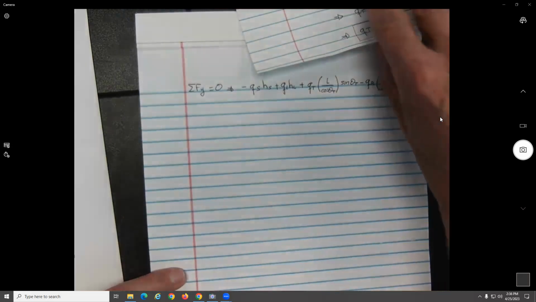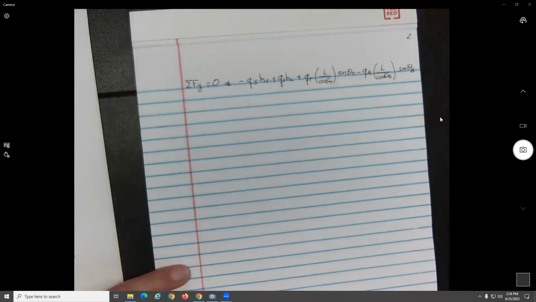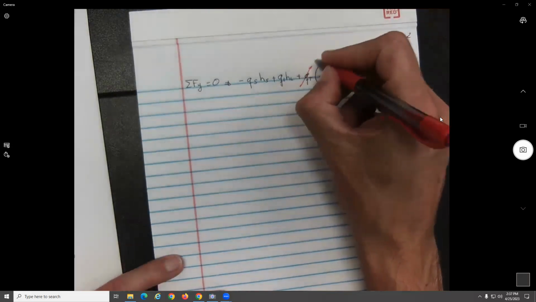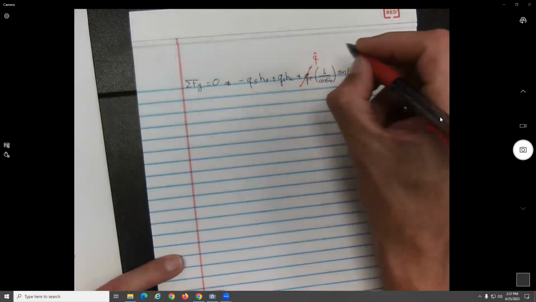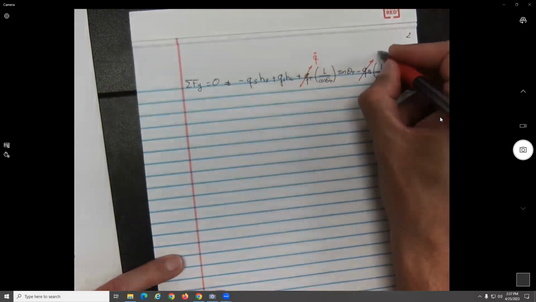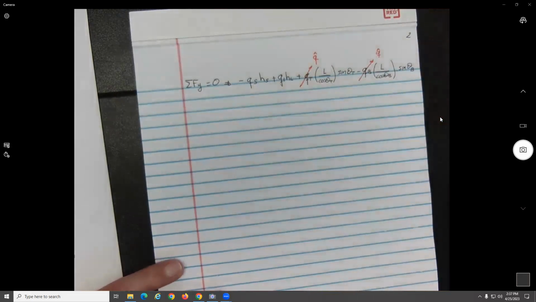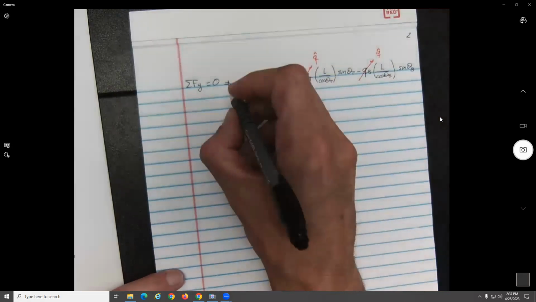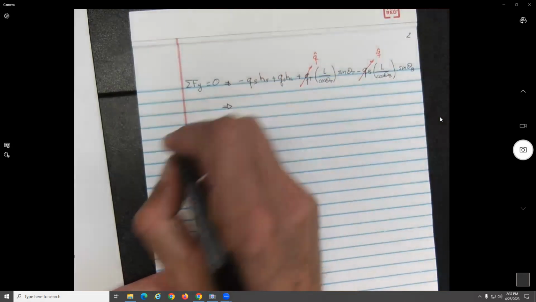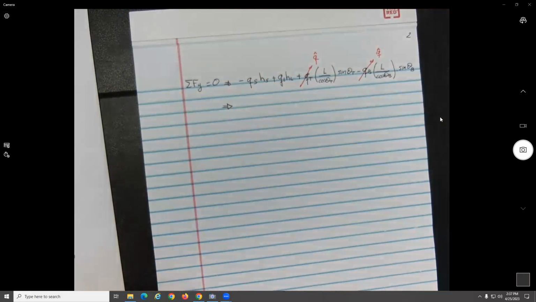So to simplify again, not giving too much detail on the derivation, this will be Q hat. Let me just rewrite it.